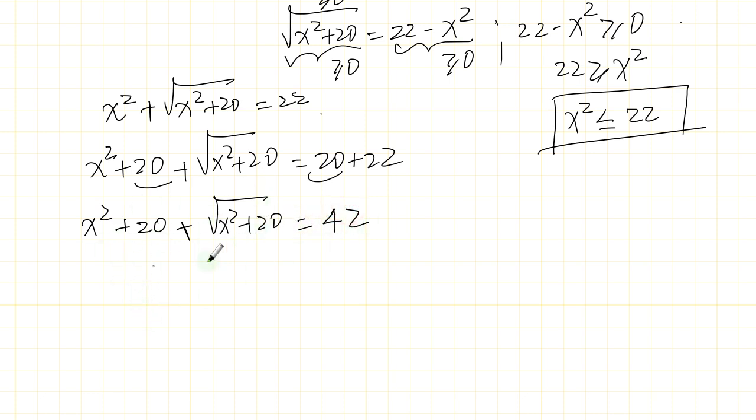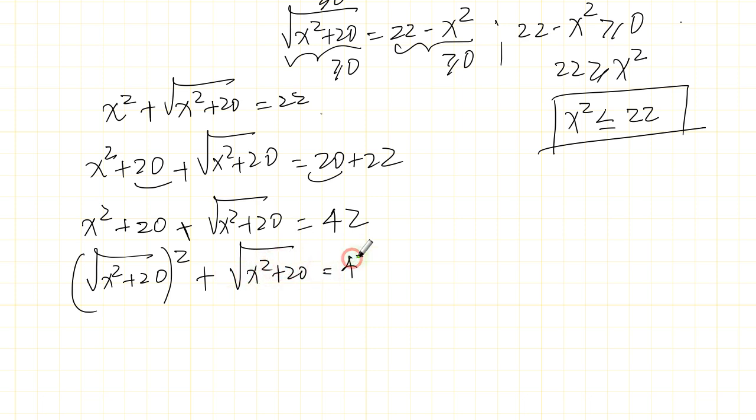So what I can say here, guys, is that I can write this one here as square root of x squared plus 20, all to the power of 2, right? Because if I cut this and this, I'm going to get back to this. And then we have square root of x squared plus 20, and this equals 42.